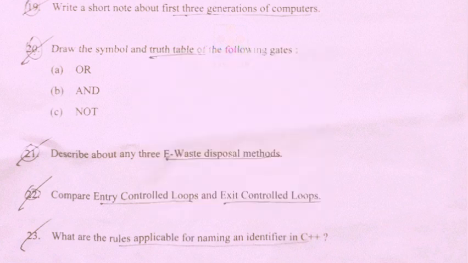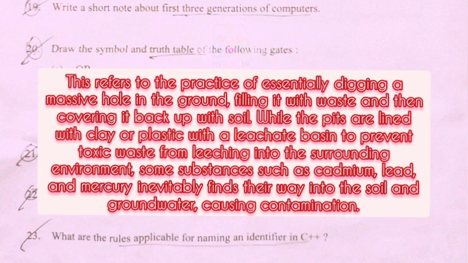21. Describe about any 3 e-waste disposal methods. Answer. 1. Landfilling. This refers to the practice of essentially digging a massive hole in the ground, filling it with waste and then covering it back up with soil.